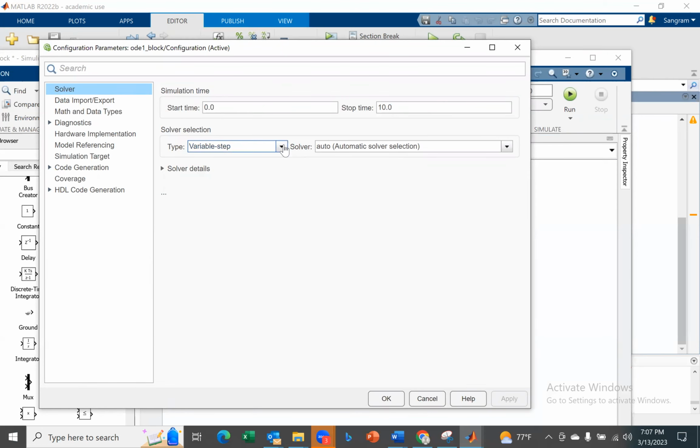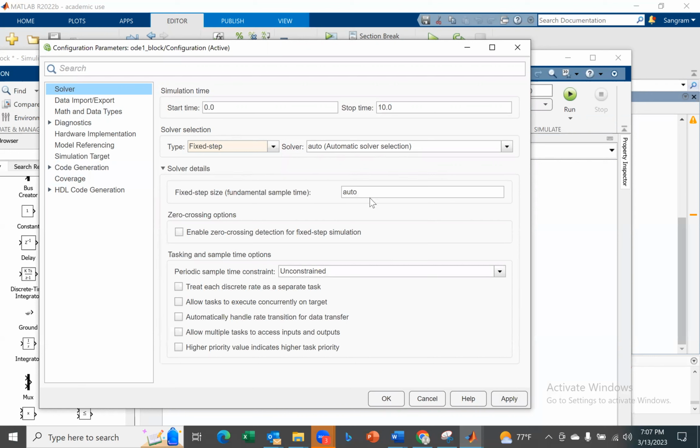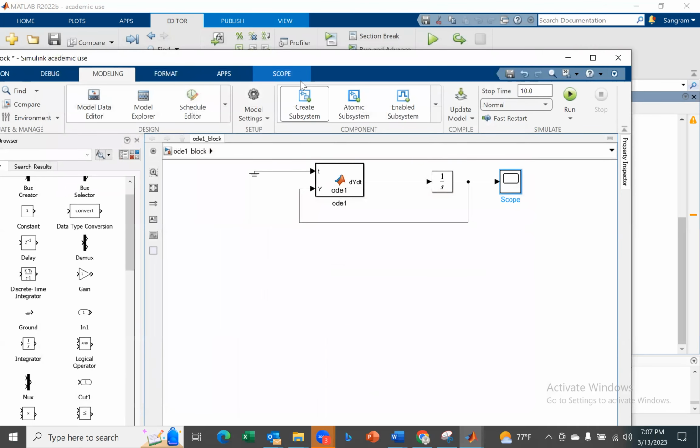Solver details: fixed step, auto, fundamental sample time 0.001. Okay, and try to run this code again.